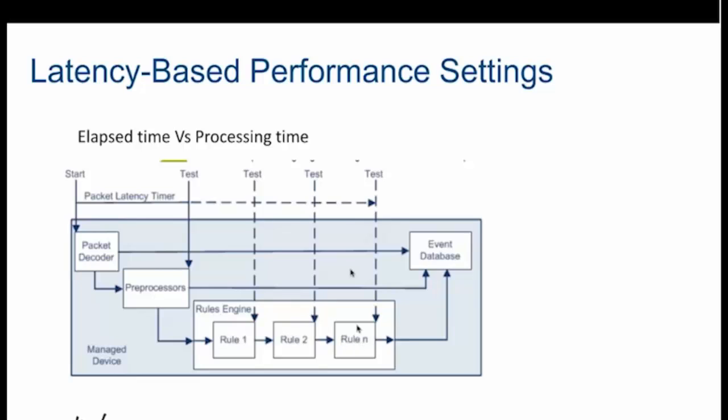Let's assume that at rule number 9,000 the processing time expires and reaches the elapsed time. Then the packet comes out of the detection engine, is given to the network, and is sent to the end server or the client.